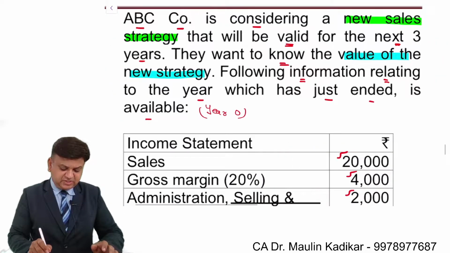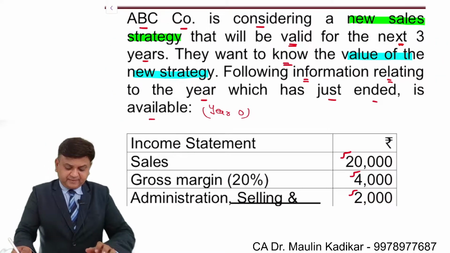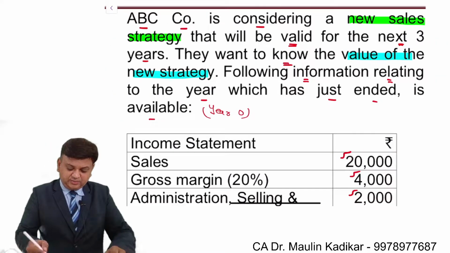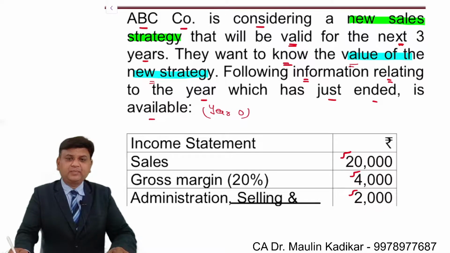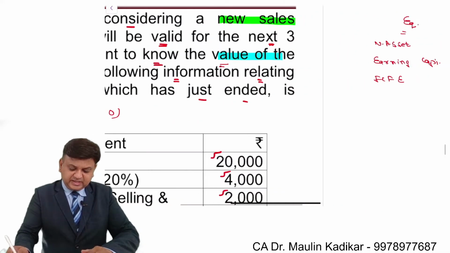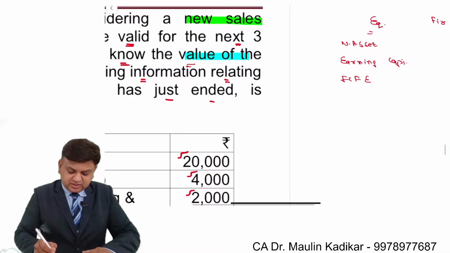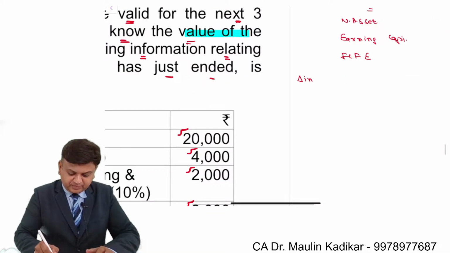As far as this question is concerned, the question says that you are required to compute value of new strategy. What does it mean, friends? It means that you are required to make the calculation of the change in value of the equity with new sales strategy.